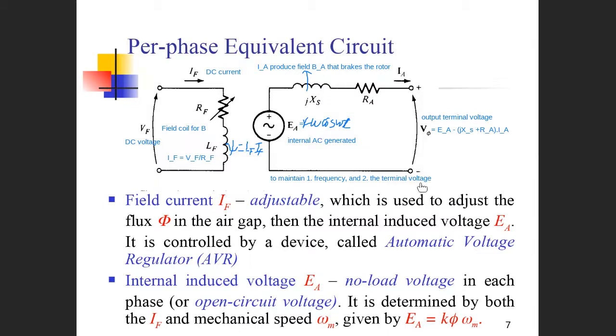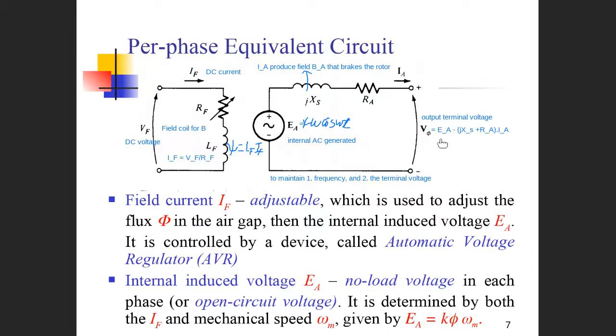For the voltage, the output terminal voltage equals the internal generated voltage minus the armature voltage drops. The armature voltage drops depend on the output current, that's the loading level. So if the internal generated voltage stays constant, the terminal voltage will change with the loading level. That's terrible.